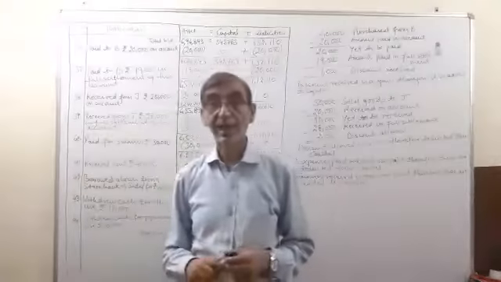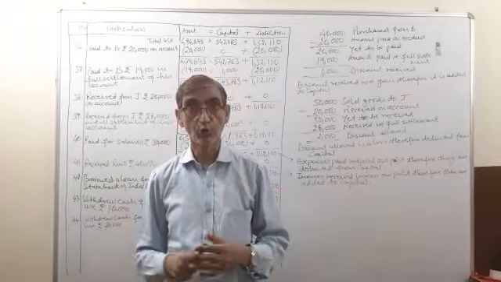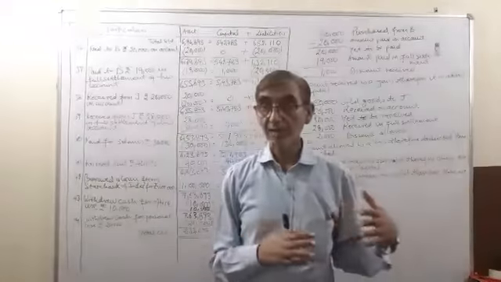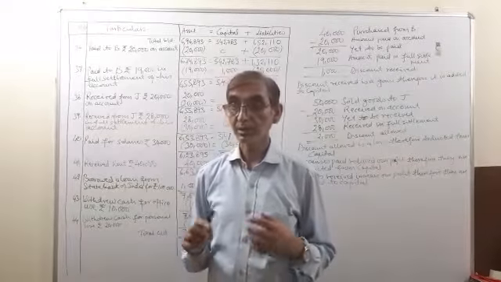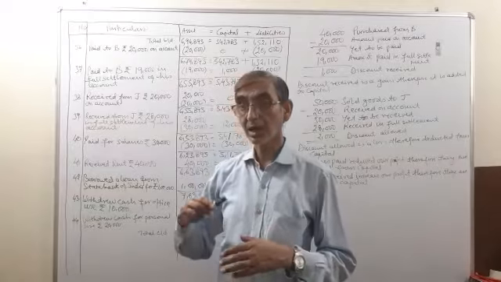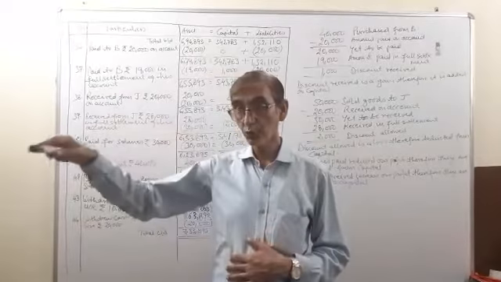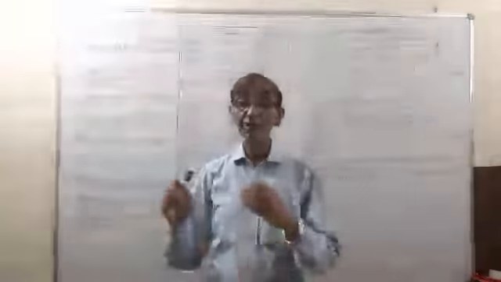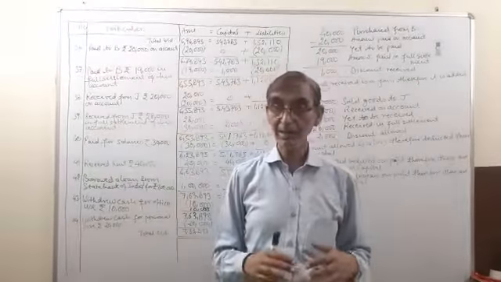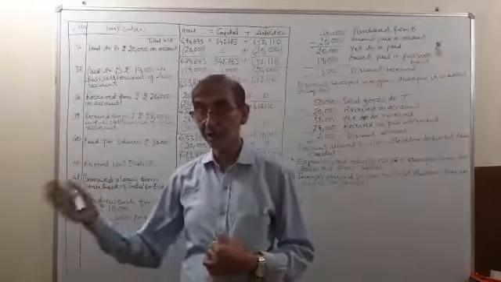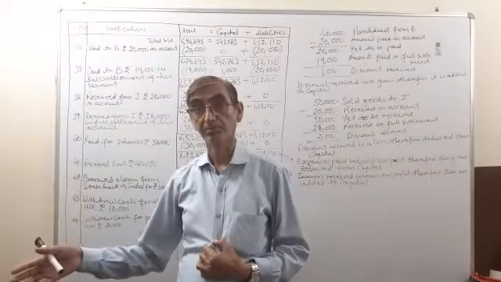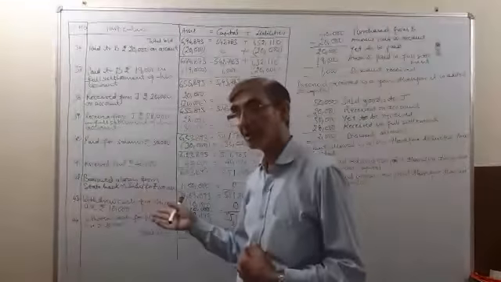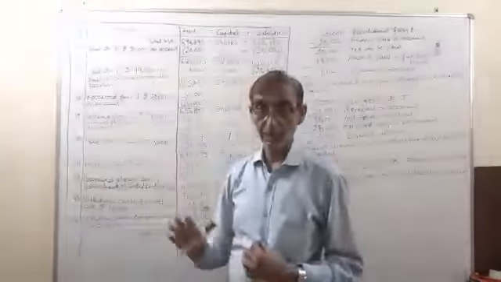Whenever the bank grants us a loan, it will not give us hard cash. What it will do is either ask us to open a bank account and the money will be transferred to that bank account, and if we already have a bank account in that particular branch from where we are borrowing the loan, then the money will be transferred to that account.